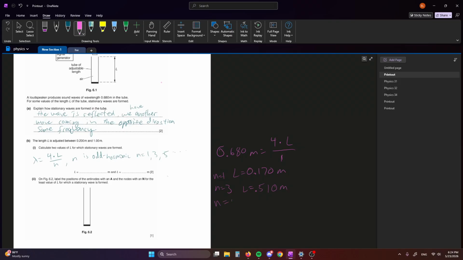And then N is equal to 5. And then L is equal to 5 over 4 times 0.68, so it should be 0.850 meters. And if we go on, we will eventually know that it does not work. So our only plausible values of L are going to be 0.510 and then 0.850.